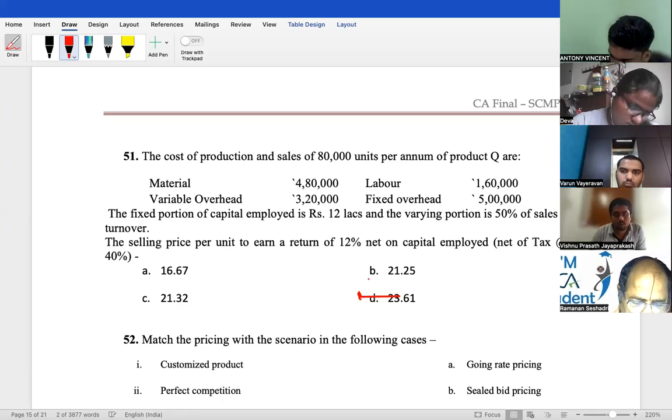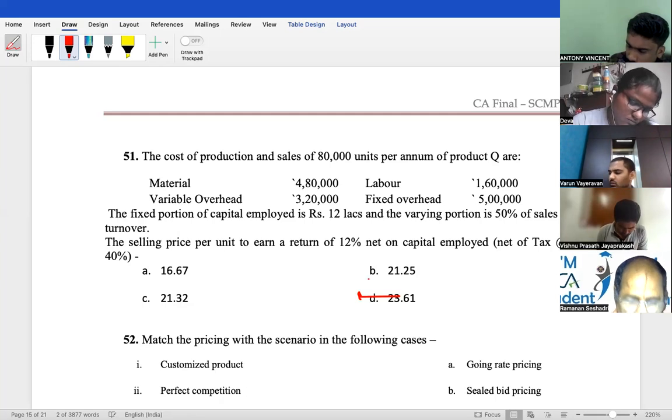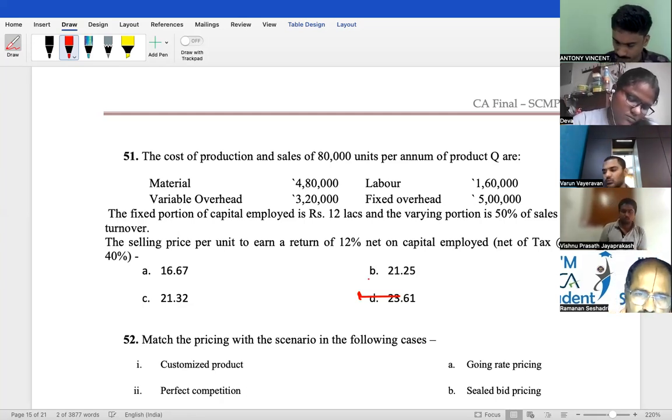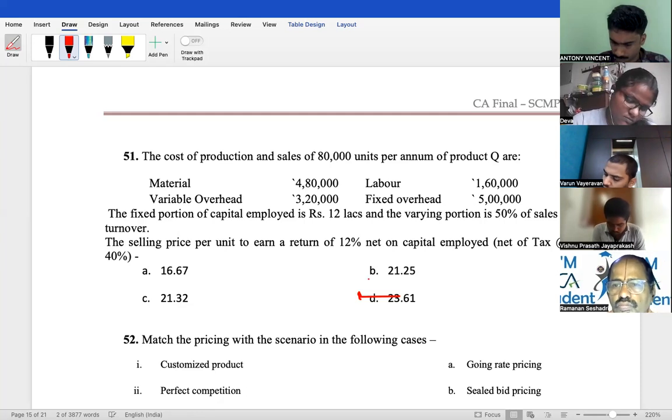Varun got it or not? Yes, sir. 23.61. So the left hand side is equal to right hand side. It has to match. Total cost, that is what earnings after tax should equal to our required rate of return, 12% on net capital employed, that is equal to 23.61. Is that correct?